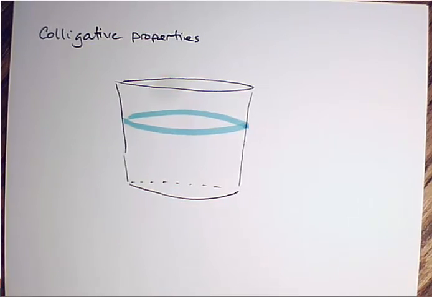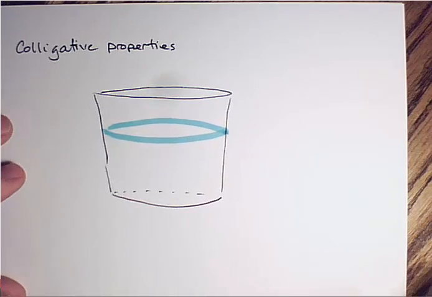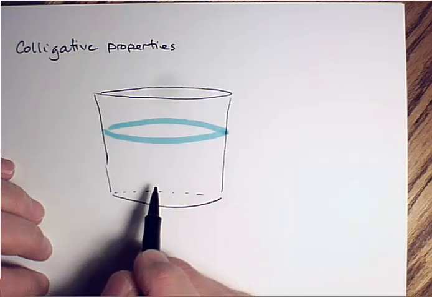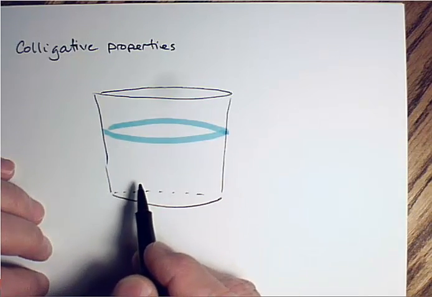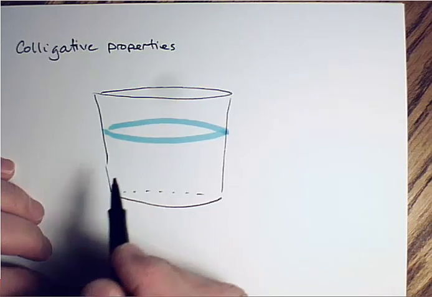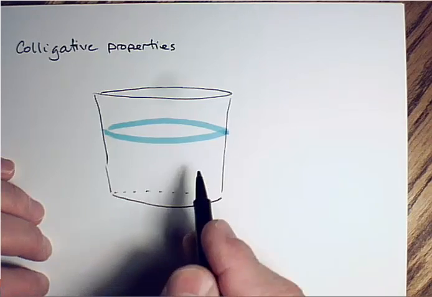In fact, if you're looking at the hardware store for a solvent, you're probably not going to find water. You're going to find some kind of organic solvent. All right, that's a different thing altogether. But you're dissolving solute particles in solvent particles, okay?